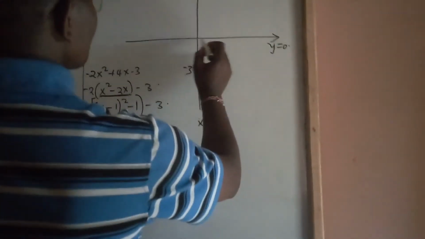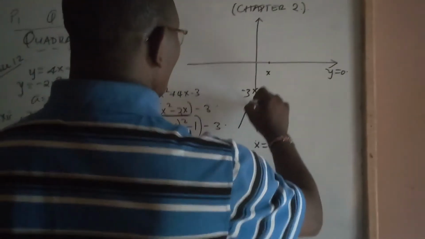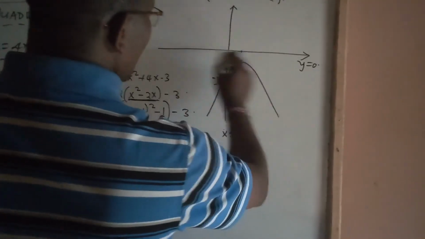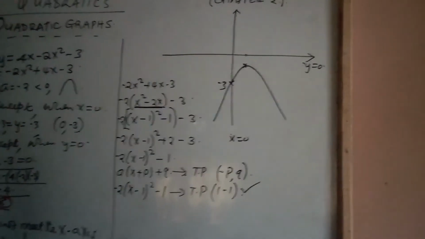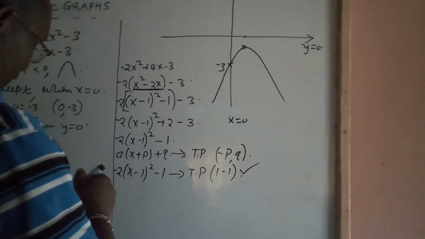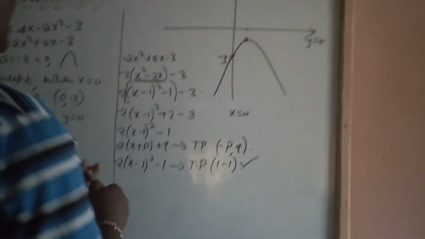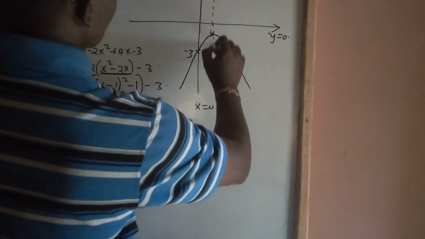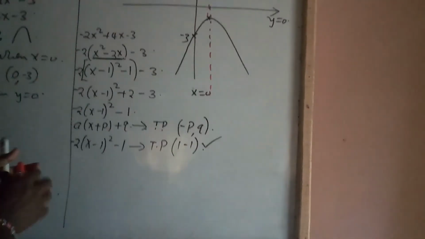So we are talking about the point (1, -1), and our graph can have that shape. Remember, it doesn't meet the x-axis anywhere, and that is why it has no solutions. We were told in the previous example that quadratic graphs are symmetrical, and the line of symmetry passes through the turning point.